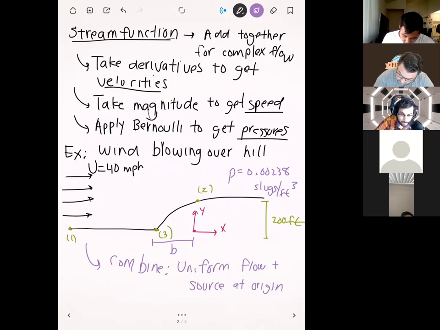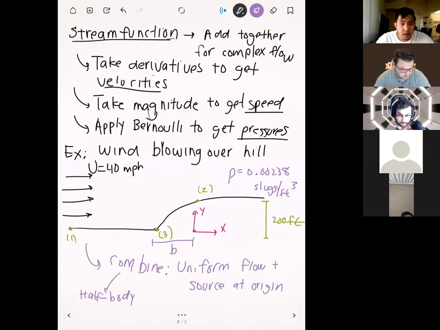And what this leads to is a half body, which is what we have right here. If you combine a uniform flow and a source, then you get this kind of body. So if you turn your head to the side like this, it kind of looks like a parabola. And so that's kind of what a half body looks like.